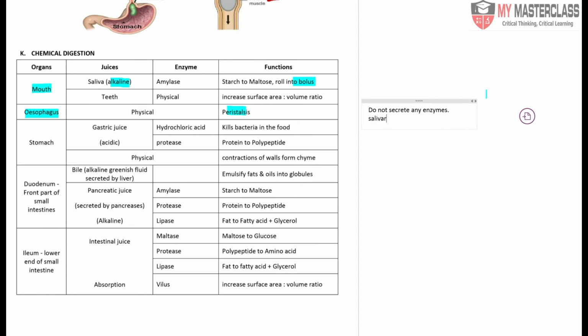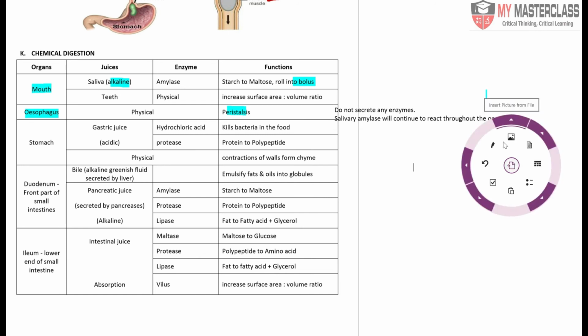Okay, so which means the salivary amylase will continue to react throughout the esophagus. Okay, so we cannot say that there is no digestion in the esophagus. There is, simply due to the fact that it was swallowed. Okay, however, take note that there is no chemical production of enzymes at all.